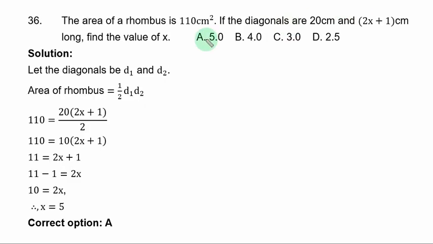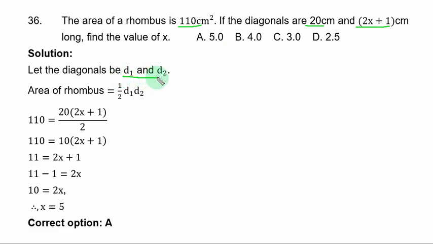Question 36. The area of a rhombus is 110 square centimeters. If the diagonals are 20 centimeters and (2s plus 1) centimeters long, find the value of s. Let us denote the diagonals by d1 and d2.